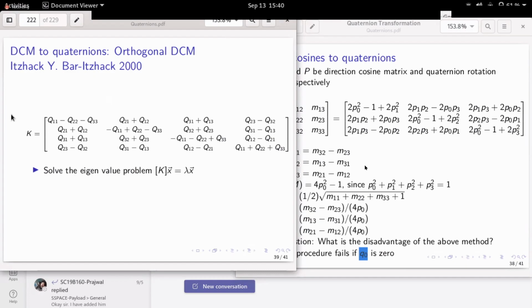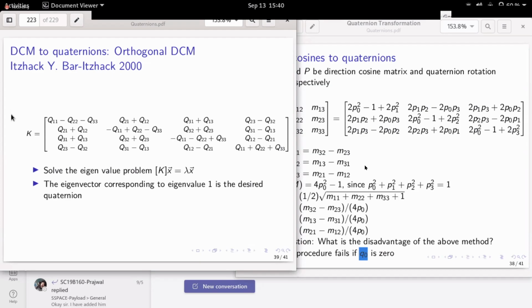So what does it say? You construct a 4 cross 4 matrix from the 3 cross 3 matrix, which is your DCM matrix, and compute the eigenvector corresponding to eigenvalue 1. That eigenvector will represent the quaternion under consideration. I am not going to prove it. This is just for your mention.